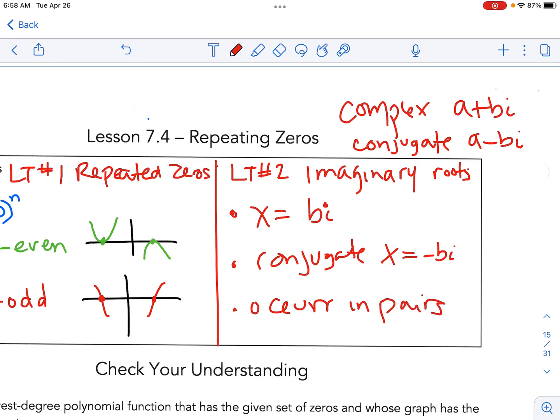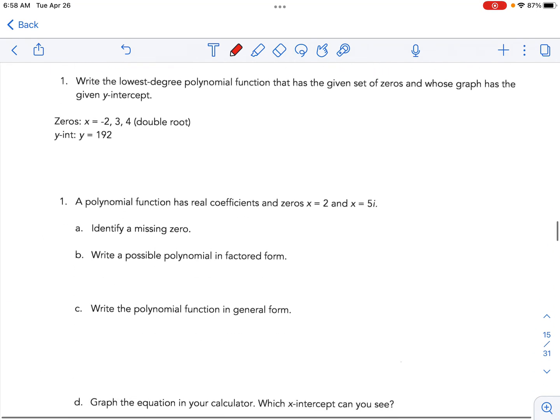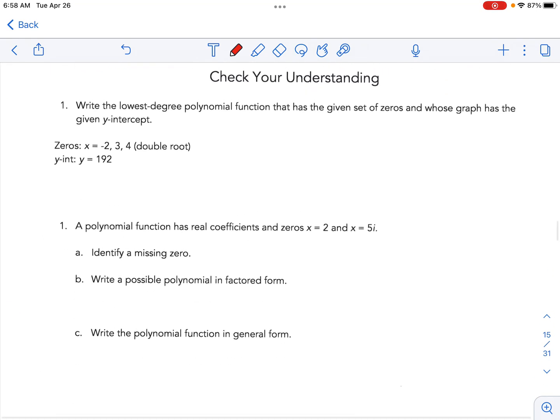So what we're going to do is discuss down here, this check your understanding. I don't know why they're both labeled 1. We're going to call this question 2. A polynomial function has real coefficients and zeros x equals 2 and x equals 5i. If these are two zeros, then the missing zero that's not listed above is x equals minus 5i.